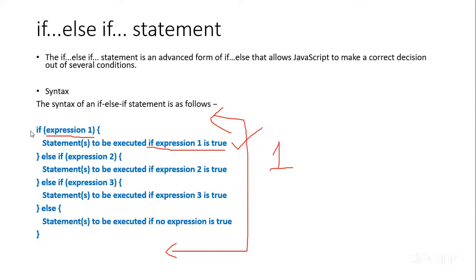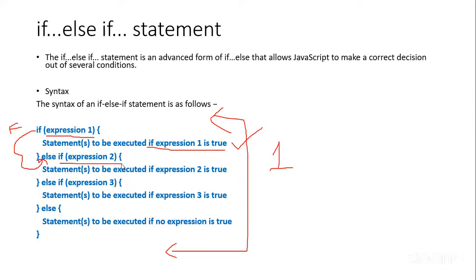when it returns false, it is going to check the else part. Else means if the before condition, that is expression one, is false, it is going to check the second condition or second expression. Else if expression two. So when the condition related to expression one becomes false, it checks the second expression.